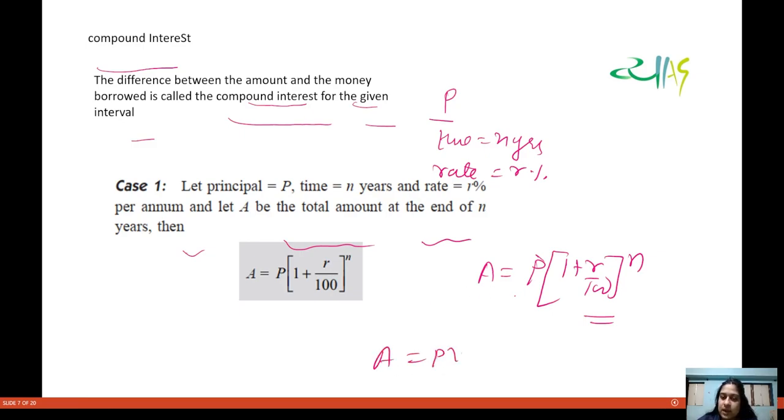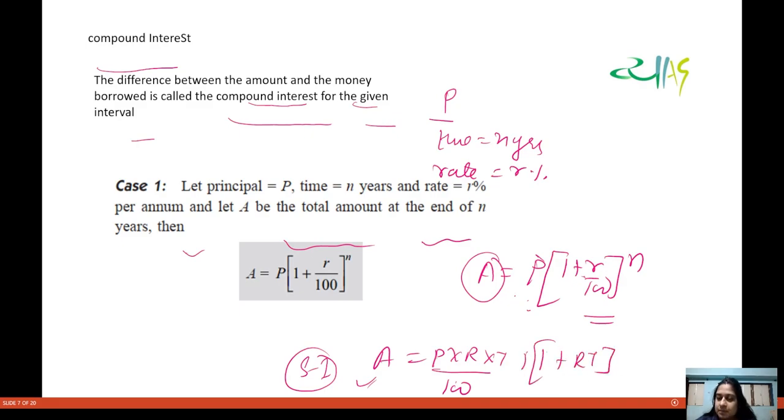Compare this with the formula for simple interest. The simple interest amount is given by what? P(1 + rt/100).